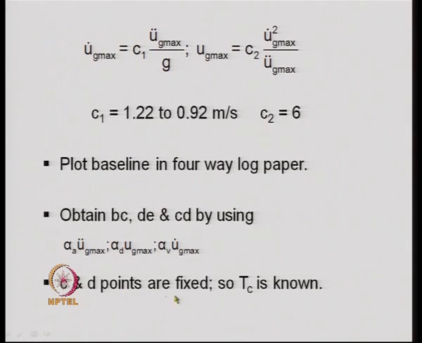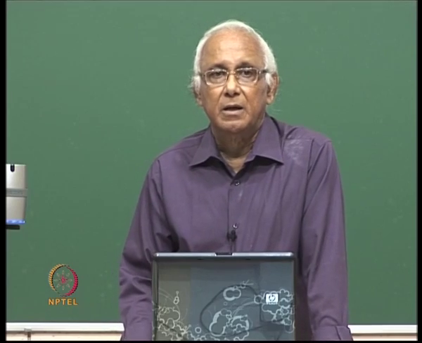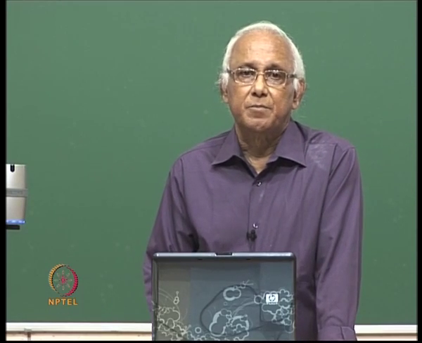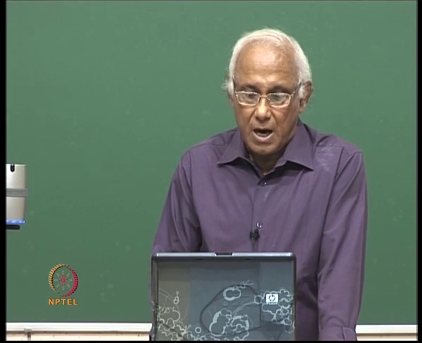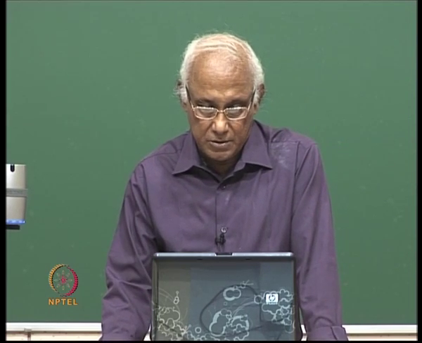Since C and D points are fixed, TC is known, and once TC is known, then with respect to TC other values TA, TB, TD, TE, TF etc. can be obtained, again from the experience that people had from previous earthquake records.